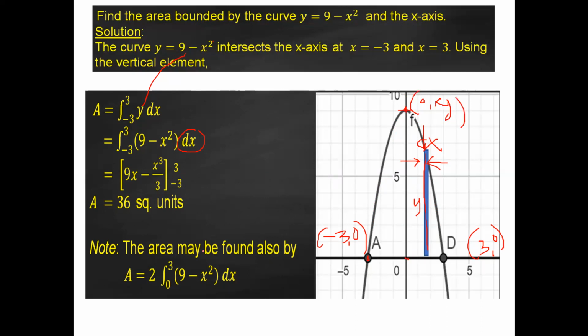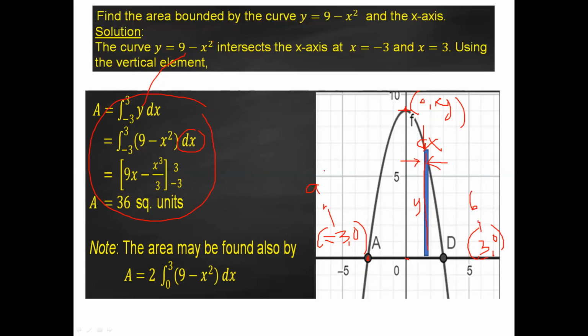Now, dalawa yung solusyon na ibinigay kasi nga symmetrical ito eh. Yung unang solusyon is kabuuan siya. Kabuuan yung ginawa ni teacher. So nagsimula siya sa limit na negative 3 hanggang sa limit na 3. So yung una, yung nasa left, ito yung actually yung A, no? Then yung pinakauli, ito naman yung B, yung nasa right.